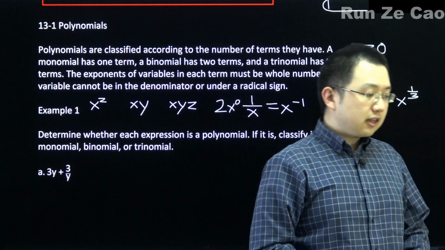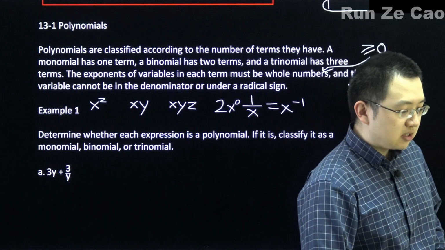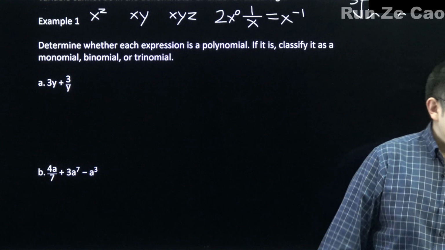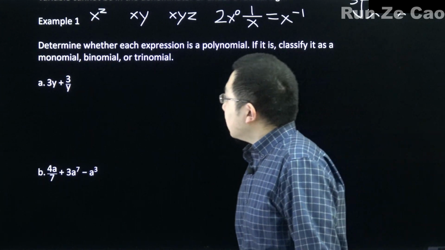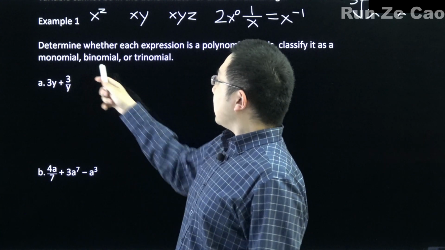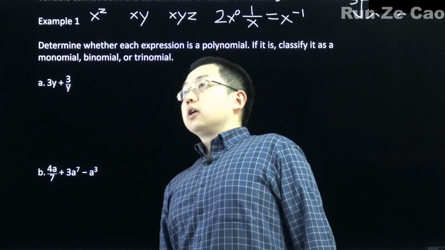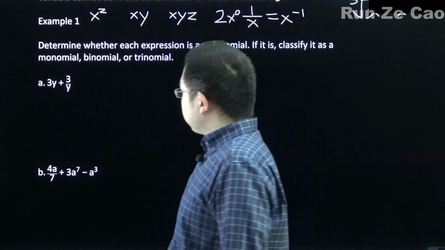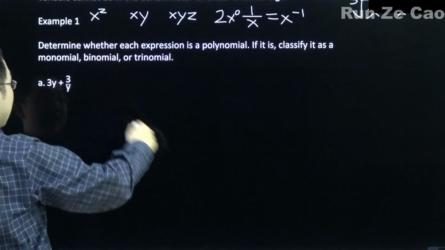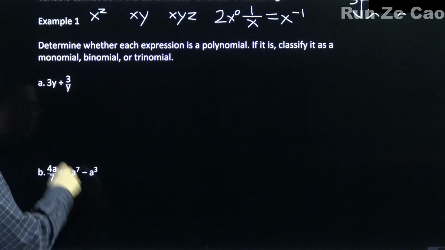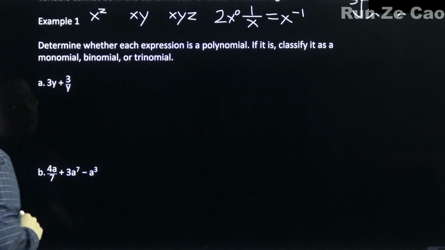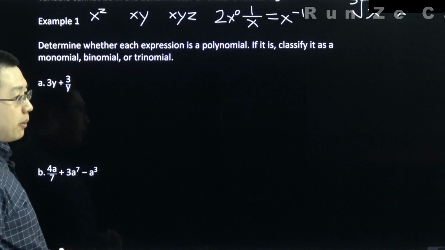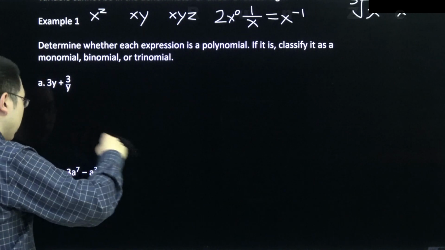Okay, so let's determine whether each of these expressions is a polynomial. If it is, classify it as a monomial, binomial, or trinomial. Here we have 3y plus 3 over y. If you look at the graph, it would look like that. This is not a polynomial. All polynomials will have continuous graphs.